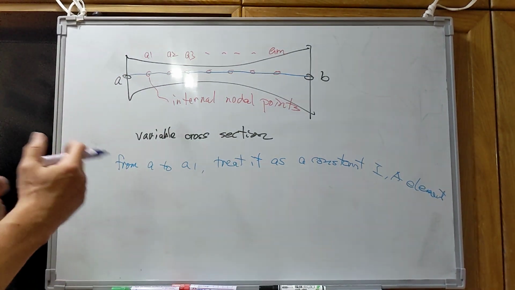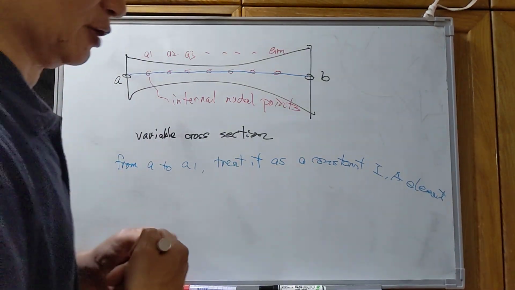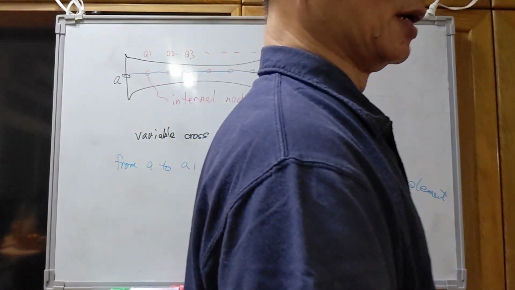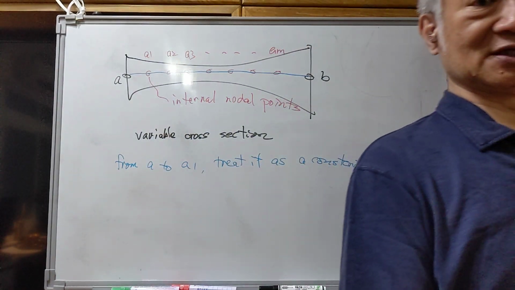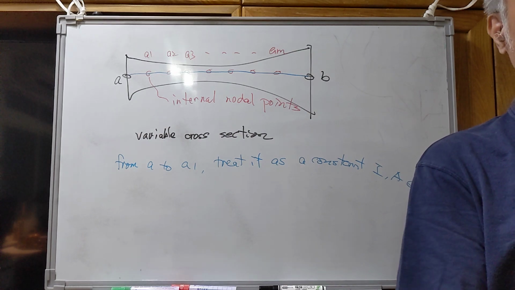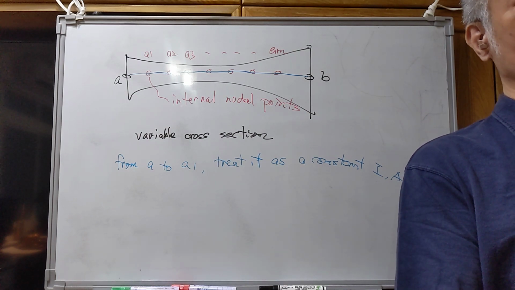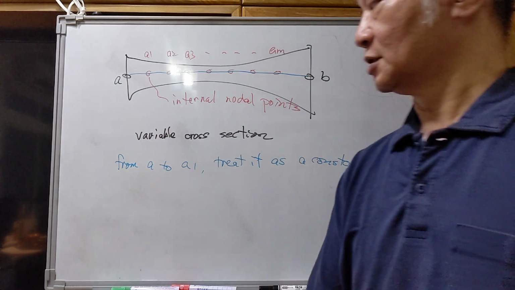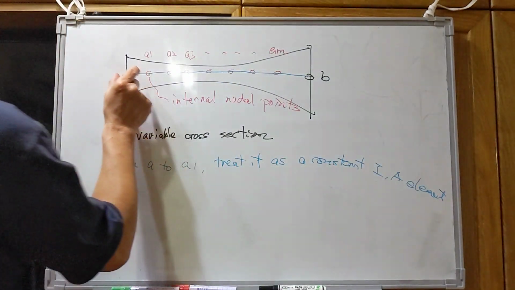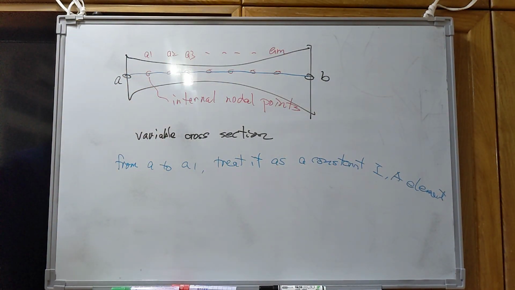Since we have already derived the element stiffness matrix for the constant I and the constant A, or the constant AS, we can use it.